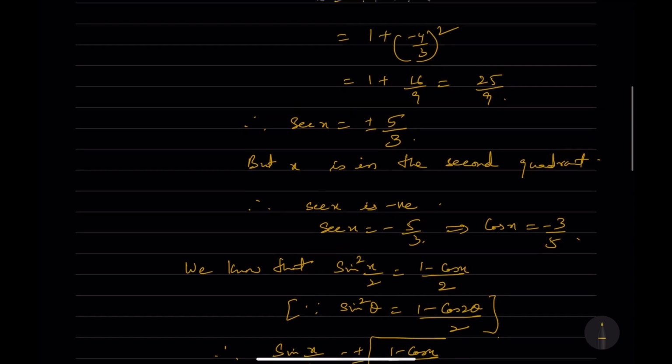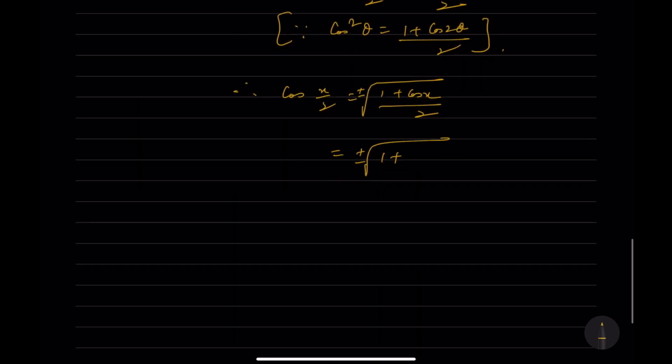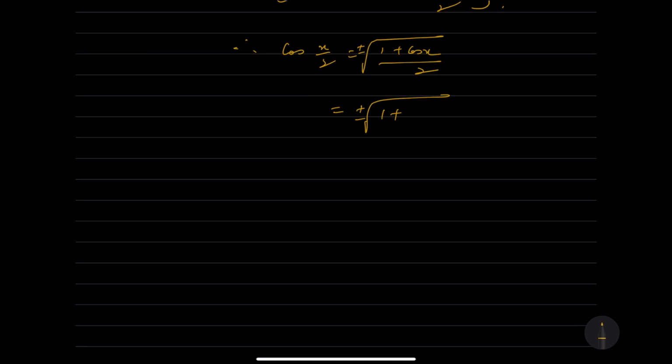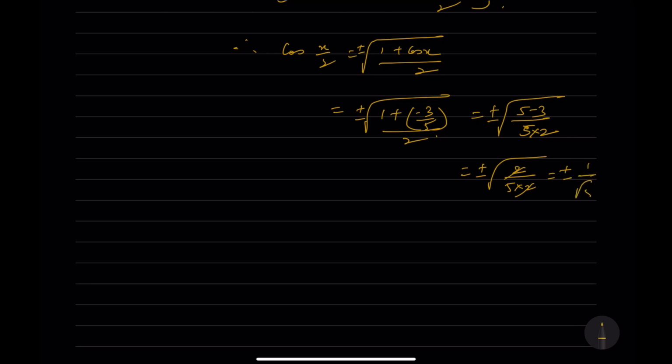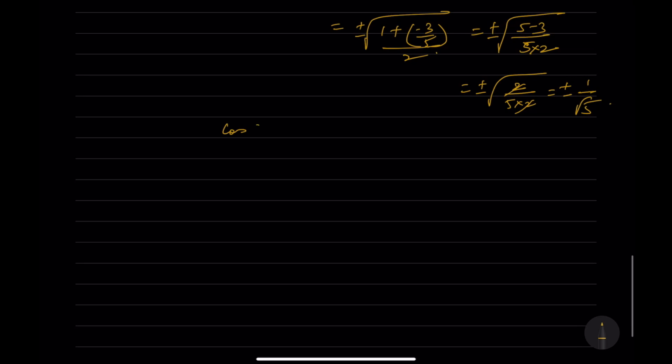Cos x is equal to minus 3 by 5. So substituting in this, you get minus 3 by 5 by 2, which is equal to plus or minus under root of 5 minus 3 by 5 into 2, which is equal to plus or minus 2 by 5 into 2. So 2 will get cancelled, which is equal to plus or minus 1 by root 5. So cos x by 2 is equal to 1 by root 5, since x by 2 is in the first quadrant.